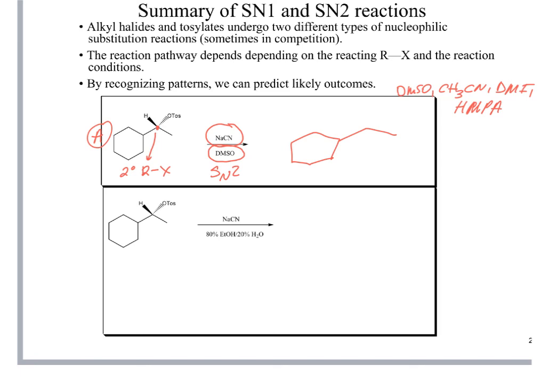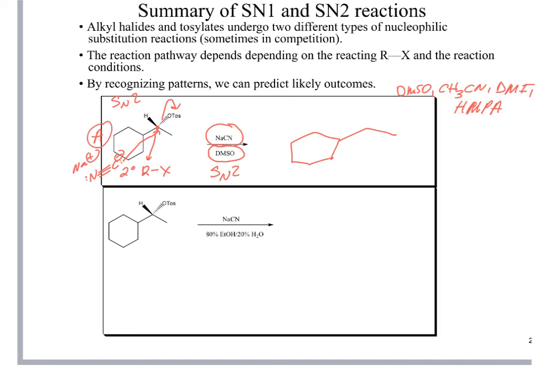So my mechanism, which is one-step mechanism, SN2 reaction, my nucleophile cyanide ion with a full negative charge on carbon, so sodium cyanide, will attack the carbon atom from the backside.